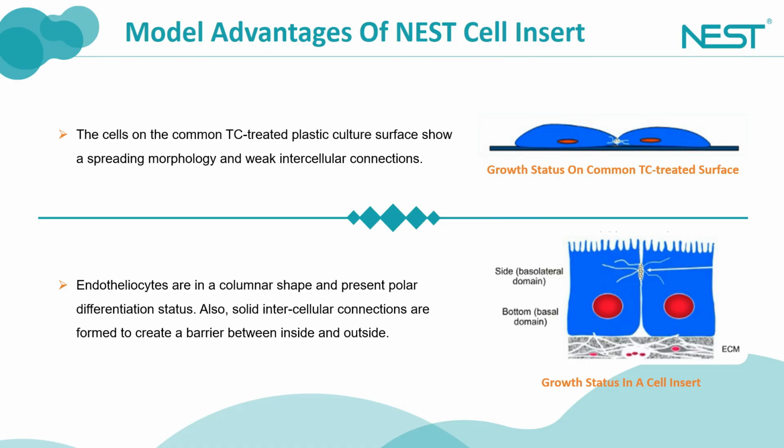Meanwhile, the two cells can be separated easily. Therefore, the cell insert is a good tool for cell co-culture. Thirdly, thanks to the existence of the microporous membrane as a barrier, we are able to study the transportation, secretion, and diffusion of some substances inside the cell, including small molecules, large molecules, and even viruses.